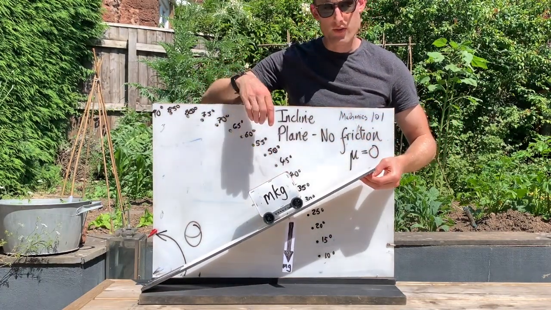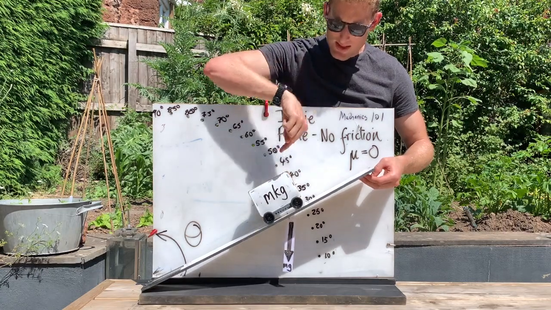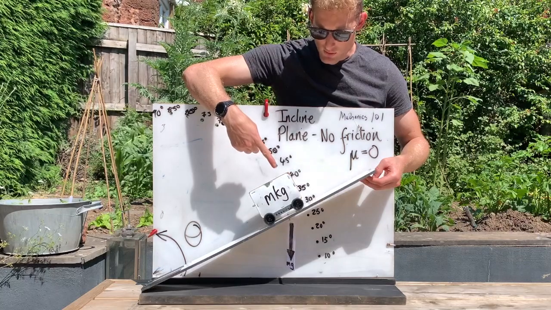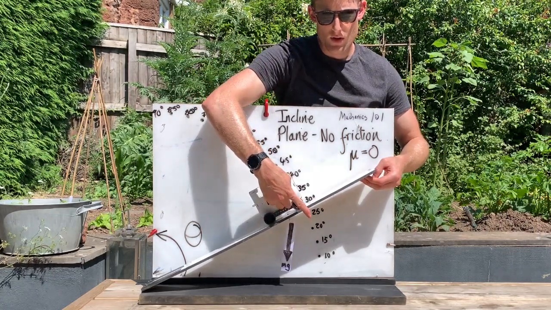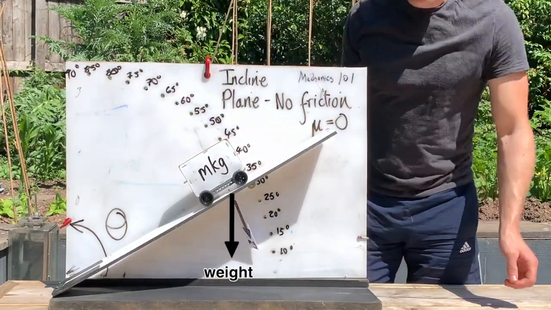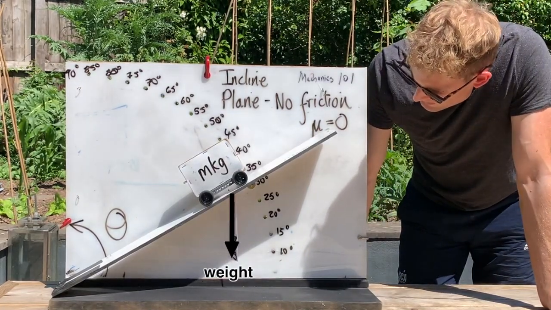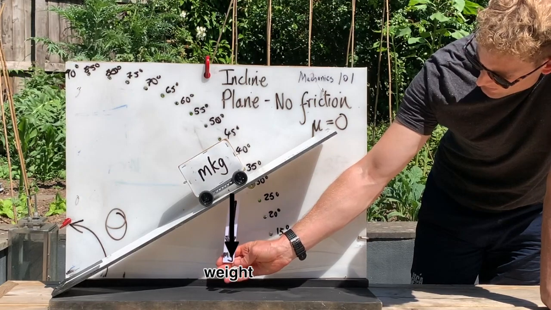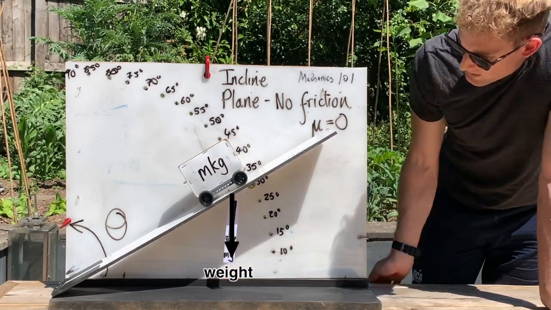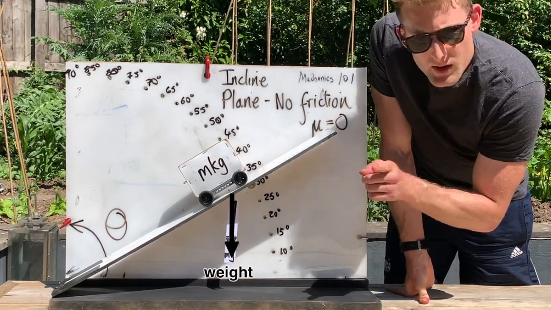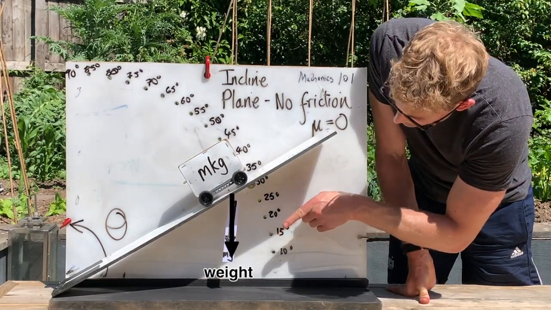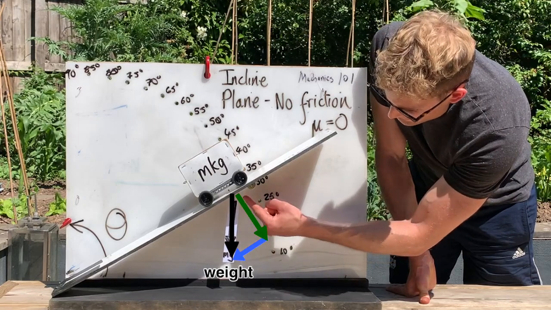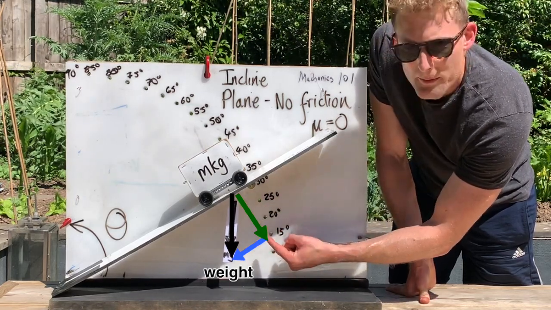Now one of the components of force is going to make the particle go down the slope, and one of the components of force is going to push the particle into the slope. So our particle is now inclined at 30 degrees. I'm going to try and hold this still in the wind. But from here, we're going to have one component of force which is going to act parallel to the slope this way, and one that's going to act perpendicular to the slope.